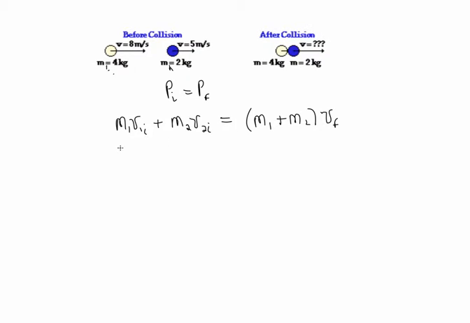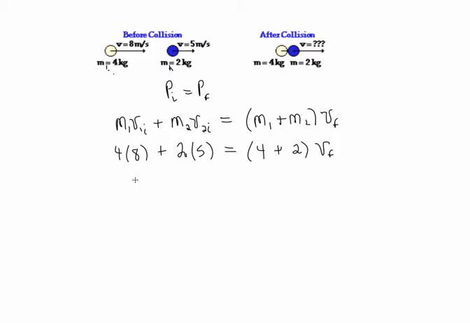All right, M1 had a value of 4. V1 initial had a value of 8. M2 had a value of 2. V2 initial had a value of 5. Equals M1, which is 4, plus M2, which is 2, times V final.